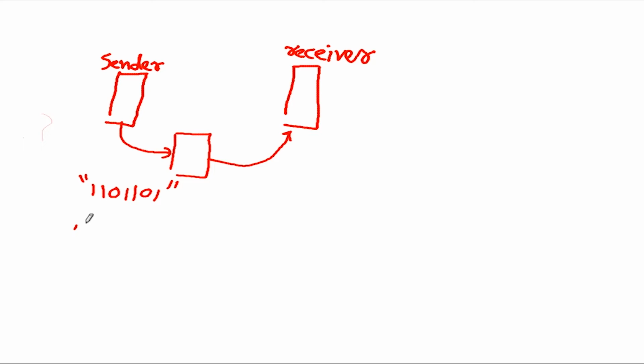Let us call these ports 10, 20, 30 and 40. We call two of these ports the data ports, and 30 and 40 the control ports.